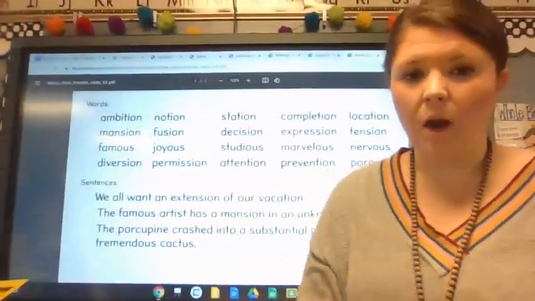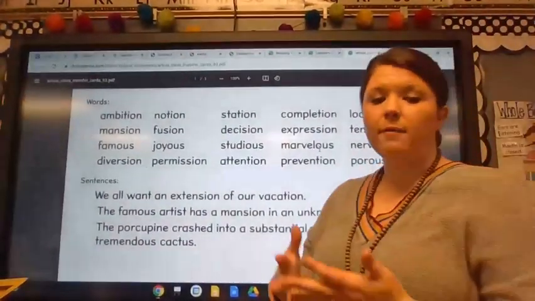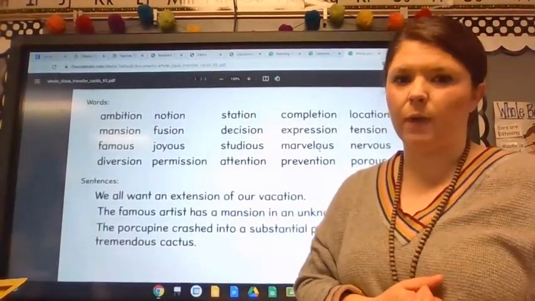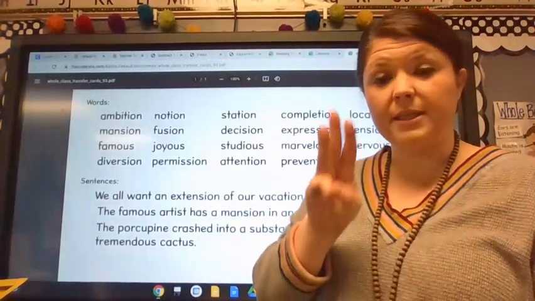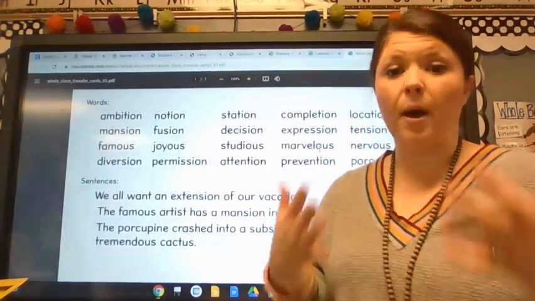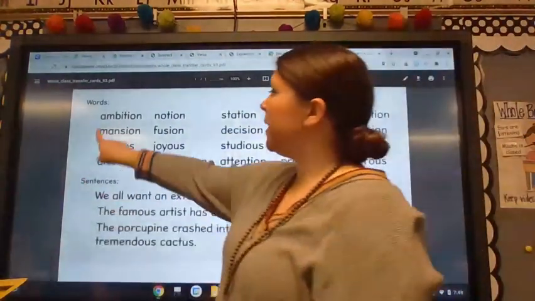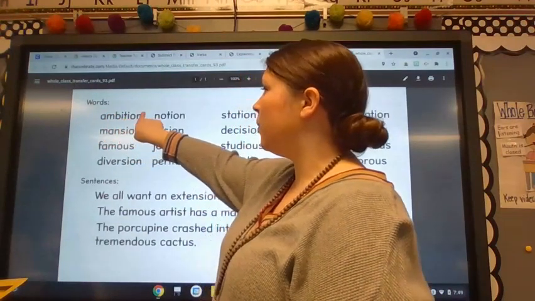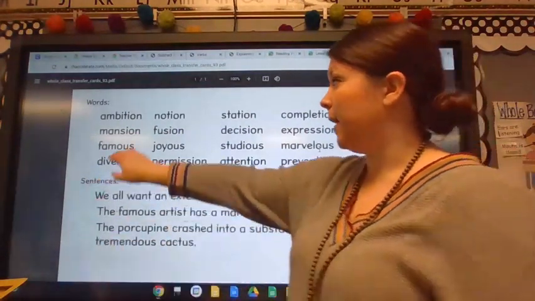All right, so let's go ahead and start at the top. Remember, when we come to an unfamiliar word, what are we looking for in order to be able to read this word correctly? We're looking for vowels, blends, and digraphs that will help us know how many syllables are in the word or where to split that word into syllables, right? So we have a vowel A, a vowel I, and then we have tion, which is our suffix that says shun there.